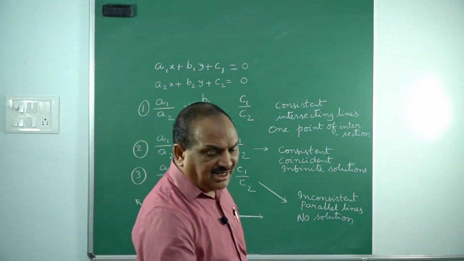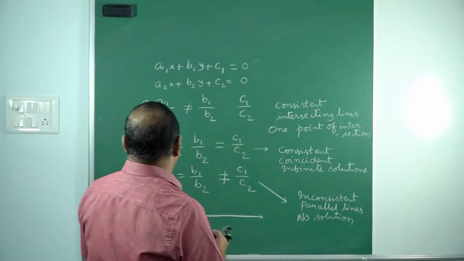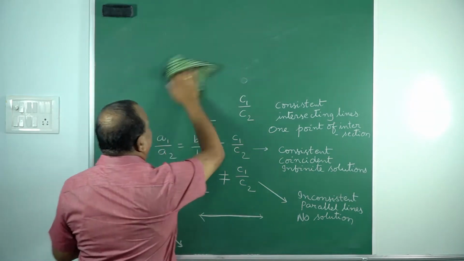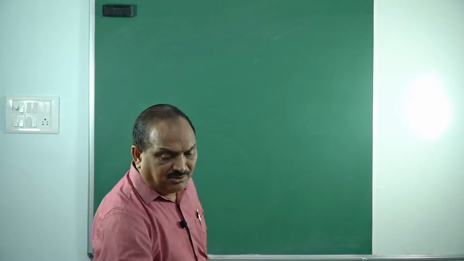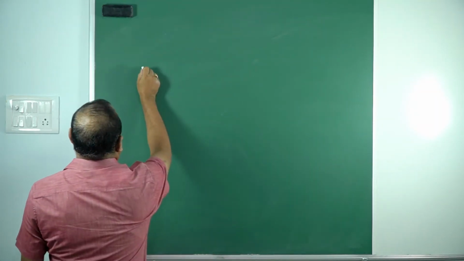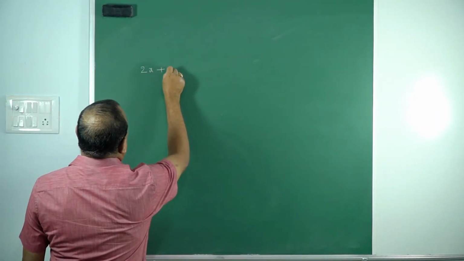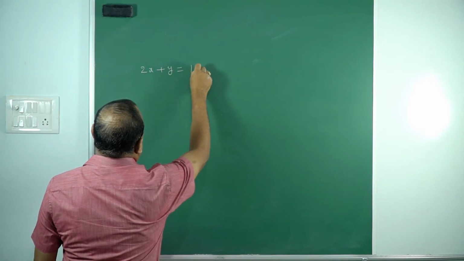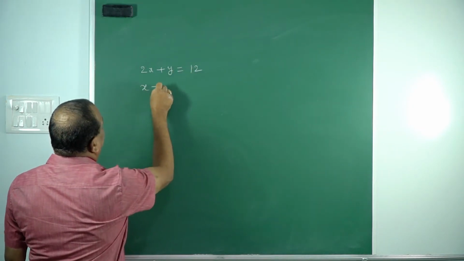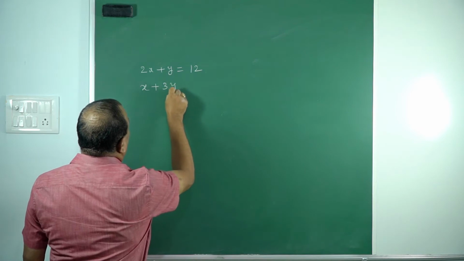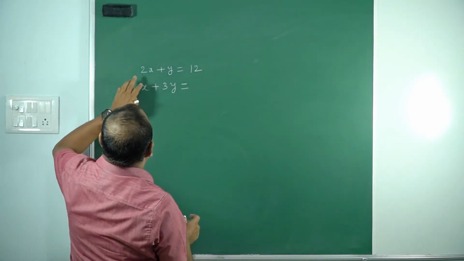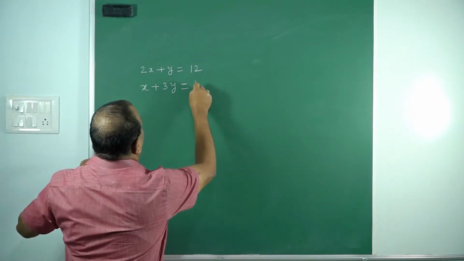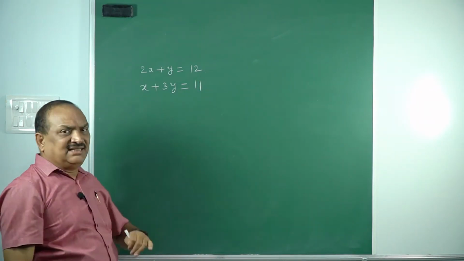Okay, fine. I show you three examples once again, so that we understand how we get the lines. My example goes like this. If I have 2x plus y is equal to, say, 12, and x plus 3y is equal to, let us say, 11. You look at this system.